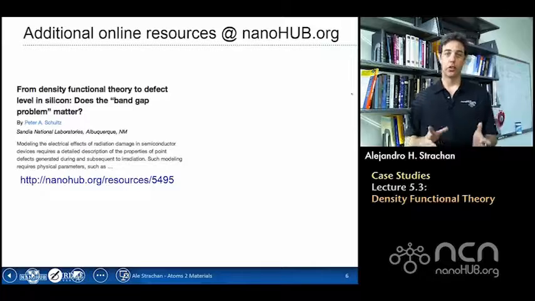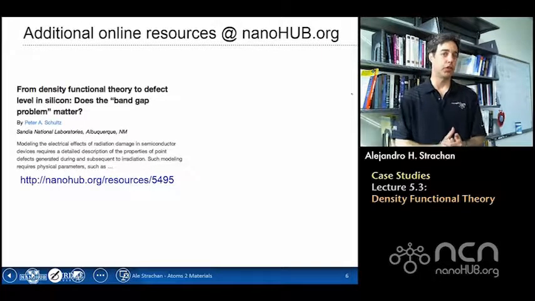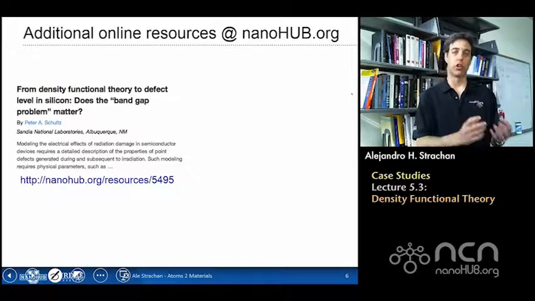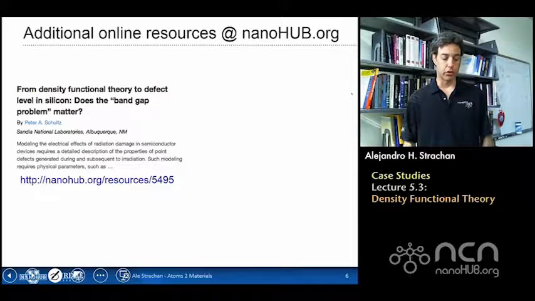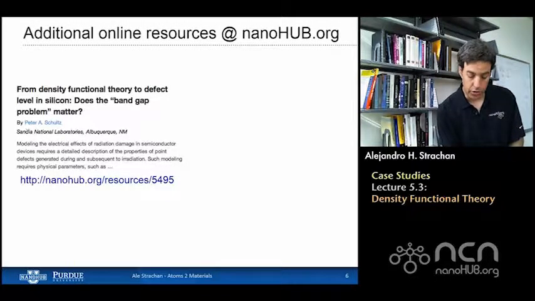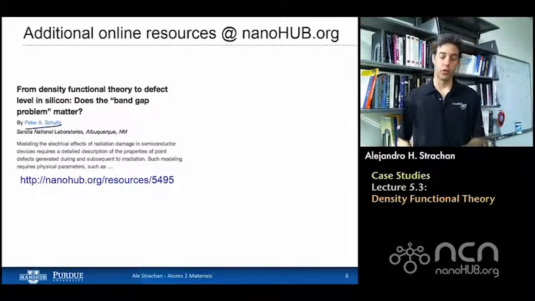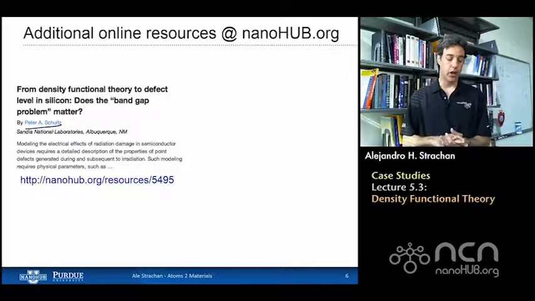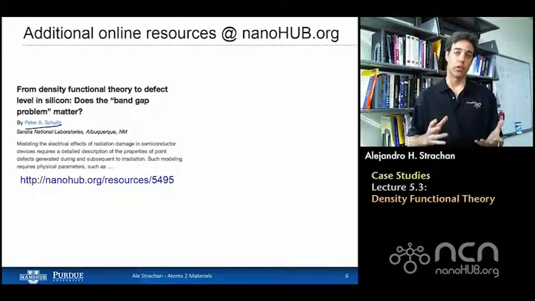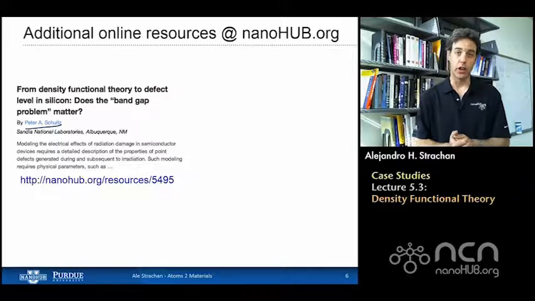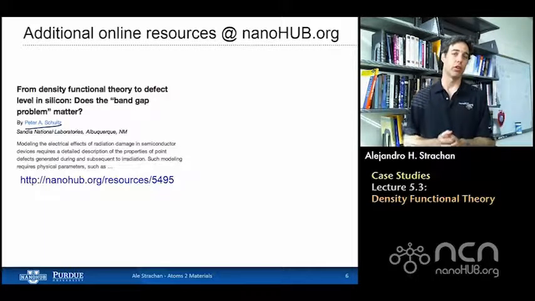There's also, as you know, a variety of simulation tools in nanoHUB that use DFT. You've already used SeqQuest and Quantum Espresso. We also have Bandstructure Lab, and those are good resources as well. And in nanoHUB there's a research lecture by Peter Schultz, who's a collaborator of ours from Sandia National Labs, where he discusses whether the band gap issue with DFT is really a limitation of the theory or not.